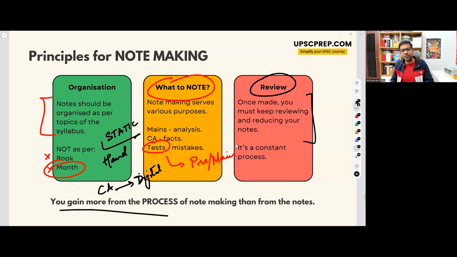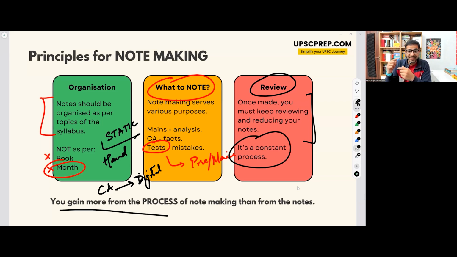Right? So this is going to be a constant process to reduce the notes that you have made, to simplify them. Because again, like for example, the secularism question we talked about in the beginning, right now, if you've just begun the journey for UPSC preparation, you may not understand what is secularism. But I can assure you, if you spend 3 to 6 months, 9 months, 1 year preparing for civil services, you will not forget what is secularism.